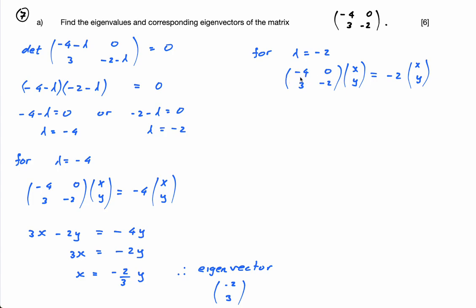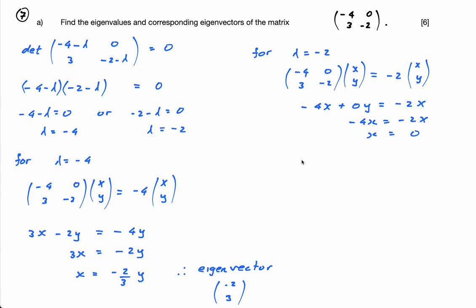Now if I use the top line, I get -4x plus 0y equals -2x. So here I actually have -4x equals -2x. So we know there's only one solution here. X has to be 0. So x is equal to 0.